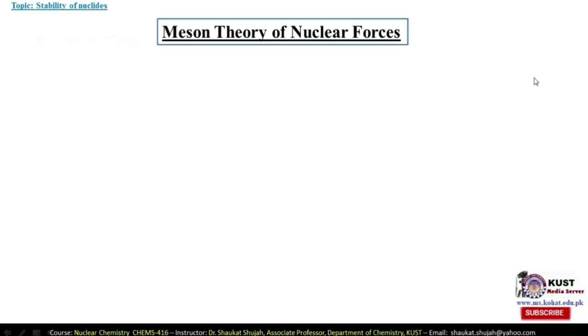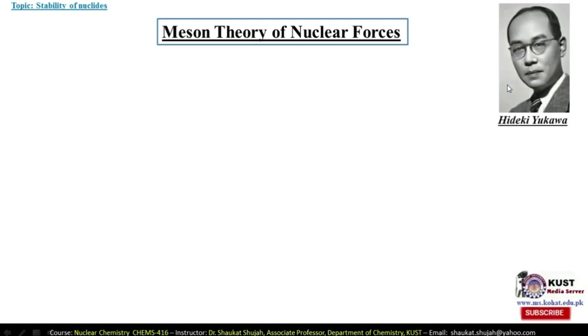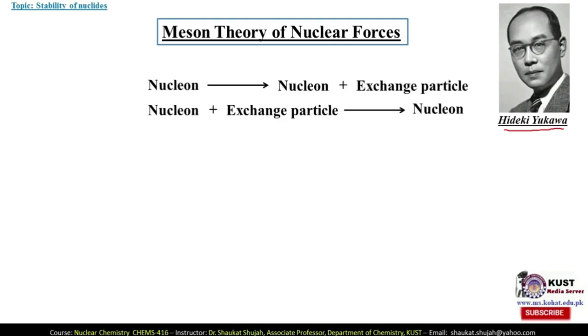Our next topic is the meson theory of nuclear forces. This theory was proposed by a Japanese theoretical physicist, Hideki Yukawa, who was the first Japanese Nobel Prize winner. According to Yukawa, the nucleons interact with each other through exchange particles, and he called these exchange particles mesons.